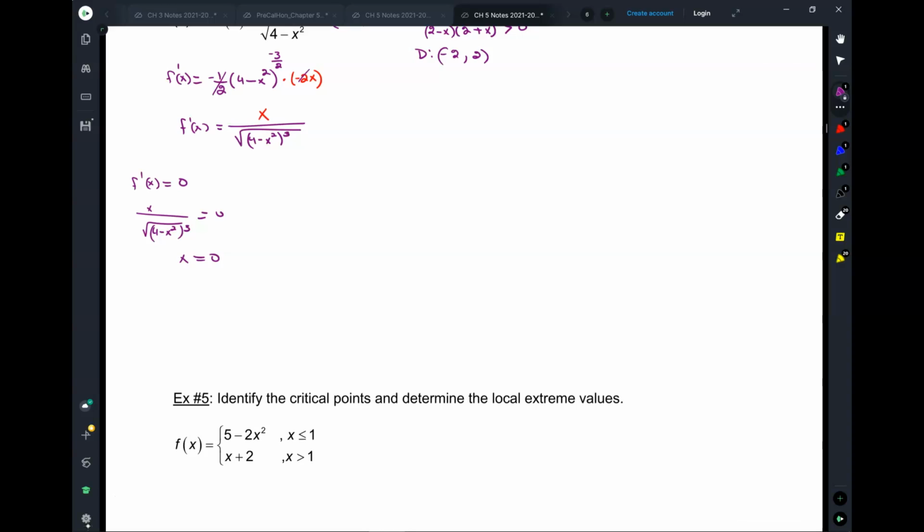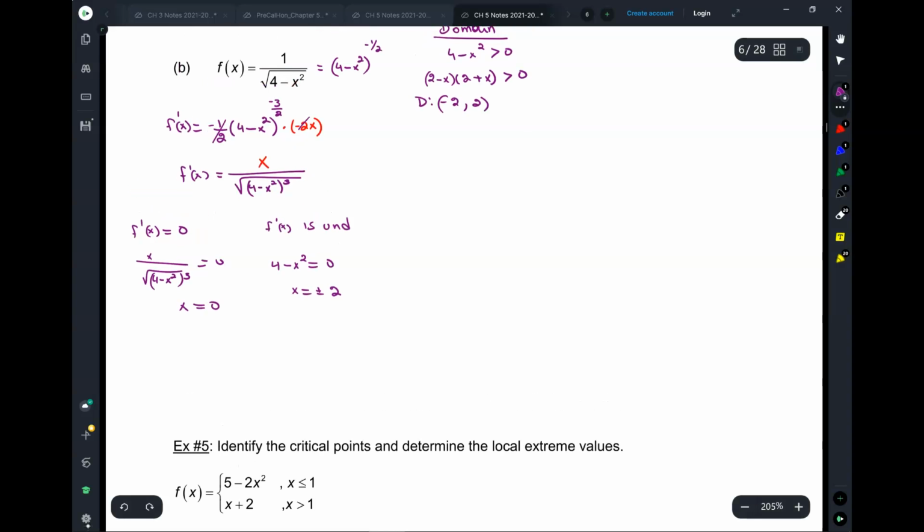Now, is f prime of x undefined anywhere? We're going to set the denominator equal to 0. Notice for the denominator, the root and the cube go away. So it's just 4 minus x squared equal to 0. X is plus or minus 2. Okay, I got critical points.